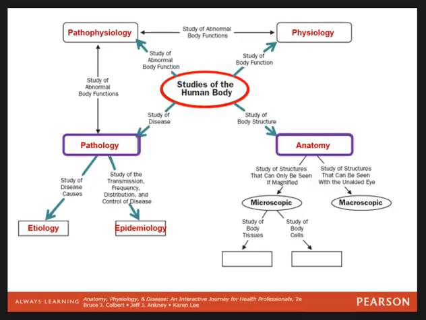All right, now the two areas that we talked about on the previous slide in regards to microscopic anatomy, examples of that would be the study of body tissues, which would be histology, or the study of the body cells, which would be cytology. So histo is tissue and cyto is cell. All right, so that is the conclusion of part 1 of the textbook.